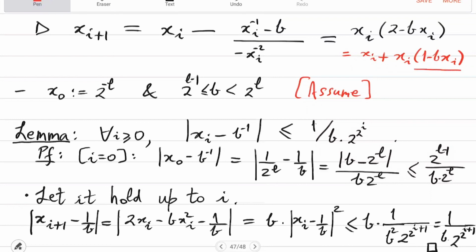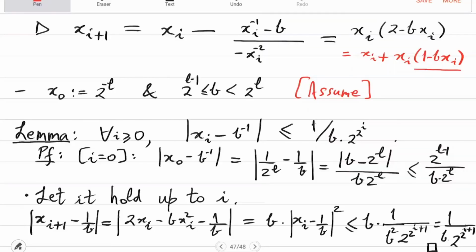B is sitting there, but you are actually using 1 minus bxi, and 1 minus bxi is only getting smaller, but after the decimal place, the digits are increasing. The L will not appear in this calculation. Do we need to use all the L bits in the multiplication? No, we cannot ignore it, but if you look at 1 minus bxi, then only 2 raised to i digits are important.